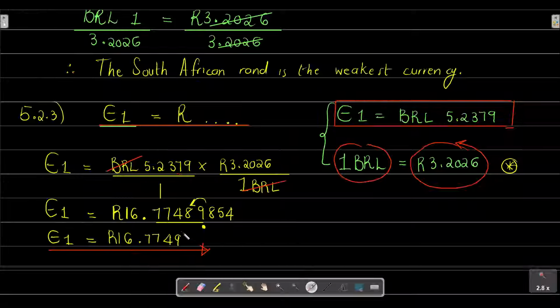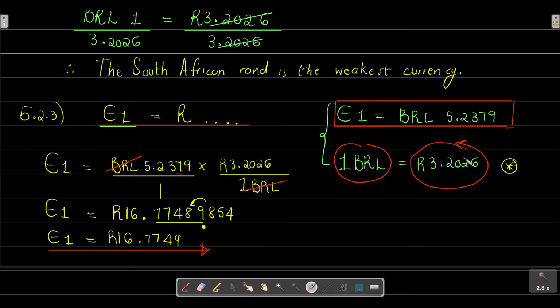And from there, once we've written that equation, we apply the method that I always emphasize in all my video tutorials. When you're doing conversions, or percentages, you multiply by what you want, you divide by what you have. We use the other equation, where 1 Brazilian real is equal to 3.2026 rands.